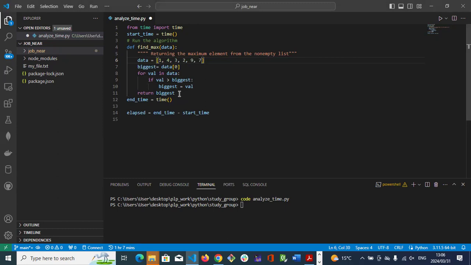If it's done well, it should give us the highest number. So we need to print.